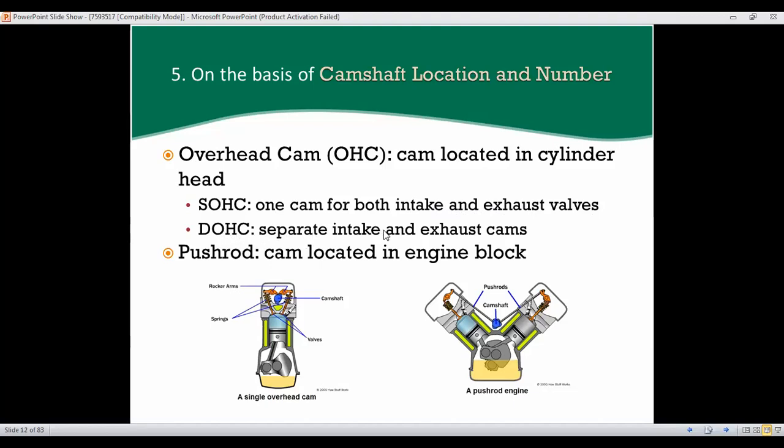DOHC has separate intake and exhaust cams. And further is pushrod, where the cam is located in the engine block, like this. This is single overhead cam, and this is cam located inside the block.